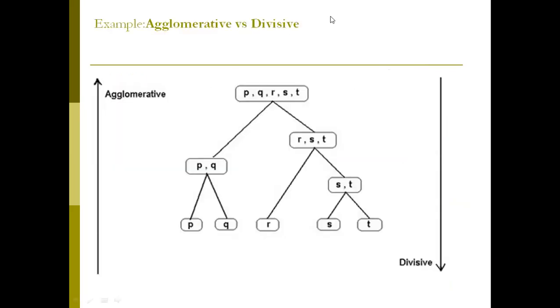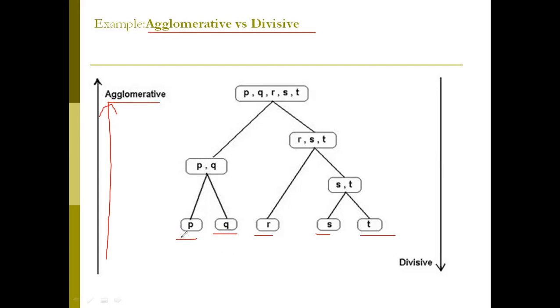Okay, this is the example for agglomerative and divisive hierarchical clustering. See this example. What is agglomerative clustering? Agglomerative clustering is a bottom-up approach. Is it clear? In the agglomerative technique, at the start all the data points are in the form of single clusters. These single clusters are also called exclusive clusters.